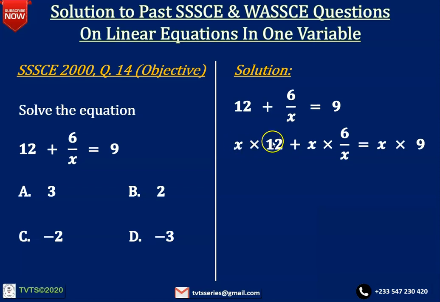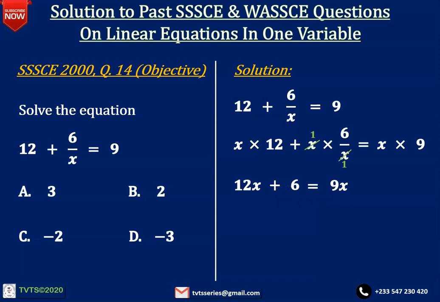x times 12 is 12x. x gets rid of x, so we have 6. And x times 9 is 9x. Now, let's group like terms by subtracting 9x and 6 from both sides.